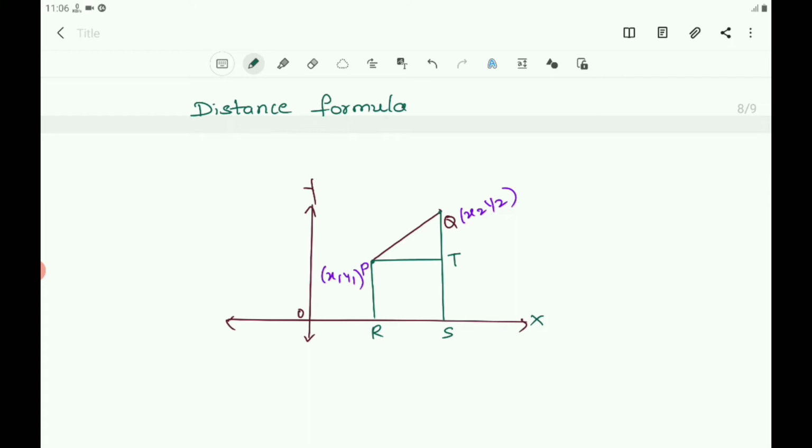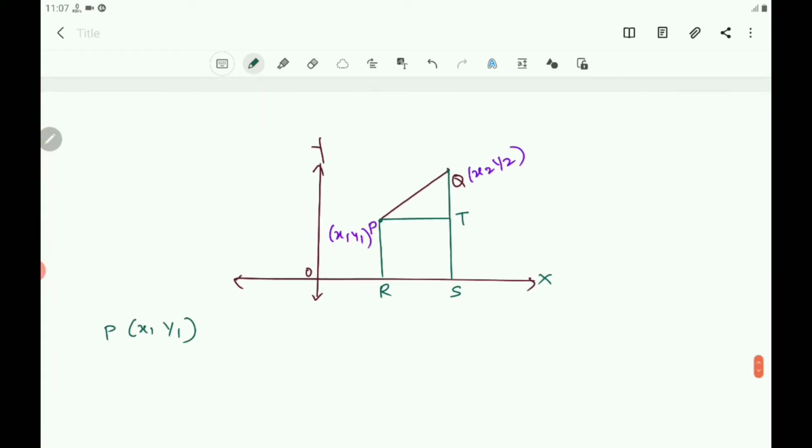The coordinates of P are (x1, y1), and Q is a point with the coordinates (x2, y2). Here in the figure we have taken P as a point and also Q as a point, and the coordinates of P are (x1, y1), and the coordinates of Q are (x2, y2).